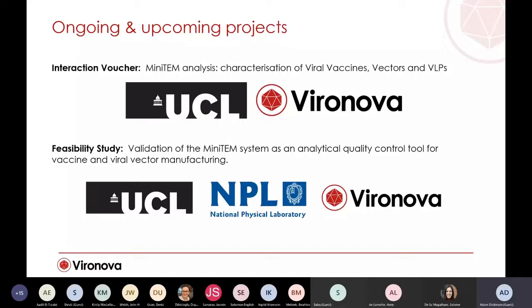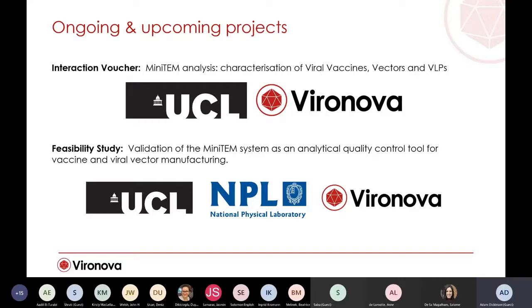I've mentioned a bit more about viral particles rather than VLPs, so I just wanted to quickly mention some of our ongoing and upcoming projects that we've been working on. Currently ongoing, we've been supported by Vax-Hub for the interaction voucher, MiniTEM analysis for characterization of viral vaccines, vectors, and VLPs. This is working with UCL and ourselves.